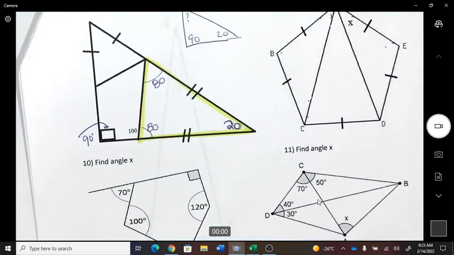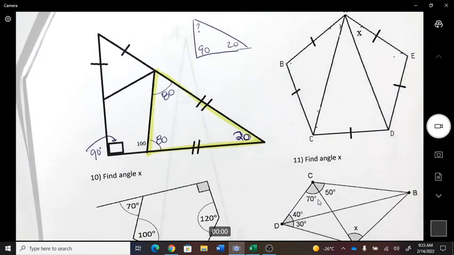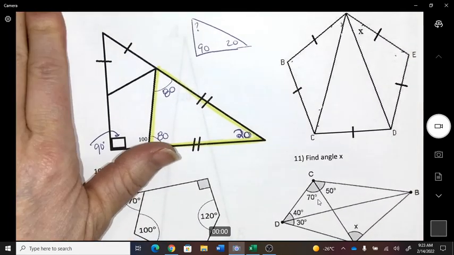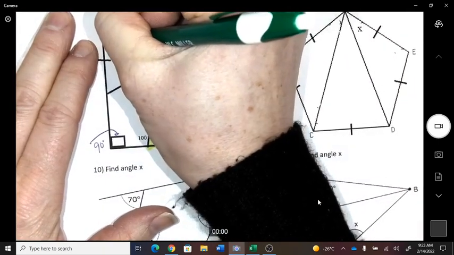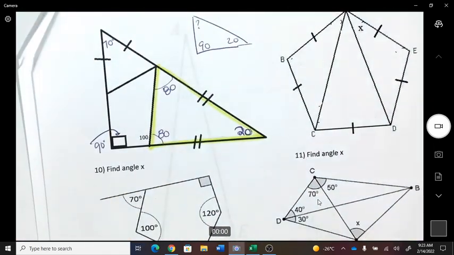So in the whole triangle, I have a 90, a 20, and can you get me the last corner of that triangle then? So now that's 70.